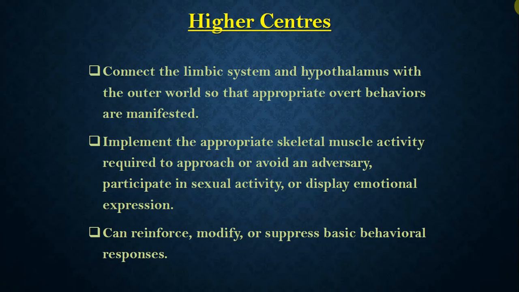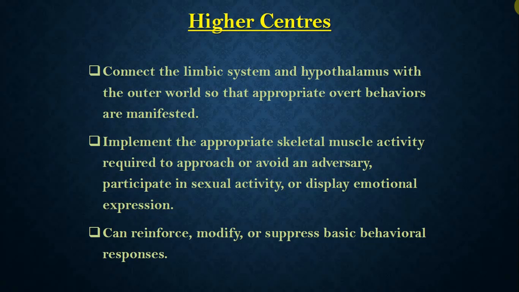Now higher centers. So in executing complex behavioral activities such as attack or mating, the individual must interact with the external environment. So higher cortical mechanisms are also called into play to connect the limbic system and hypothalamus with the outer world, so that appropriate overt behaviors are manifested.